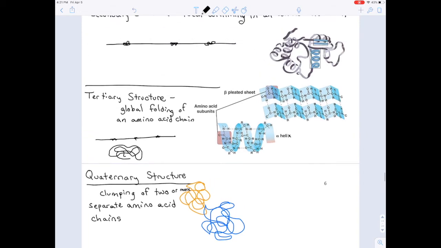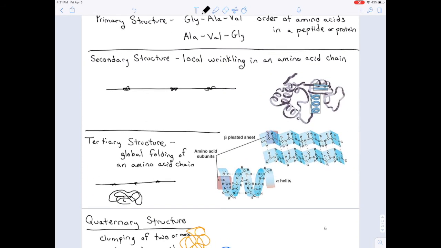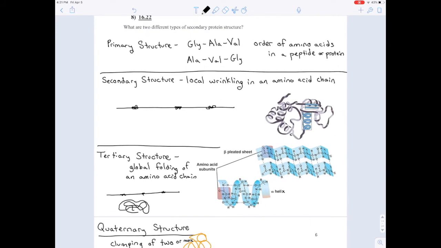So those are the 4 different levels of protein structure, and this question is asking about the secondary structure. So that was that local wrinkling in an amino acid chain. Now, there are several different types of wrinkles that you can form, but 2 of them are really important.